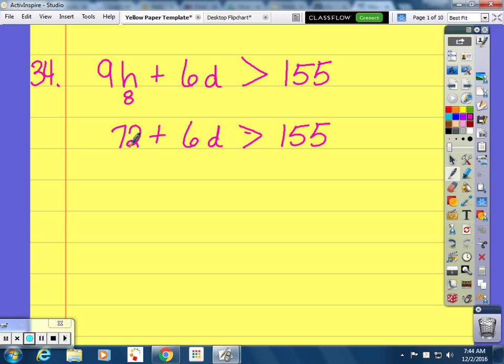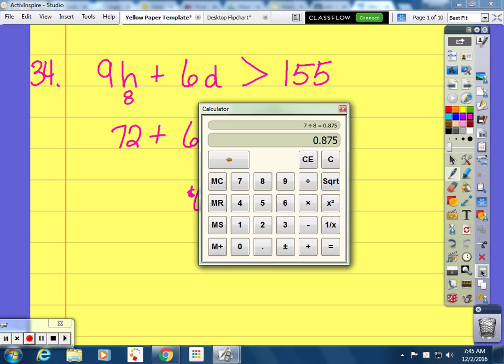Well, if he's going to make 72 and he wants to make more than 155, I have to see how much more he needs to make. $6 per delivery, and he wants to make more than $83. So this is what we were doing yesterday. This is multiplication, so the 6 has to slide over. So this is a division. I do 83 divided by 6, and I'm going to get 13.8.